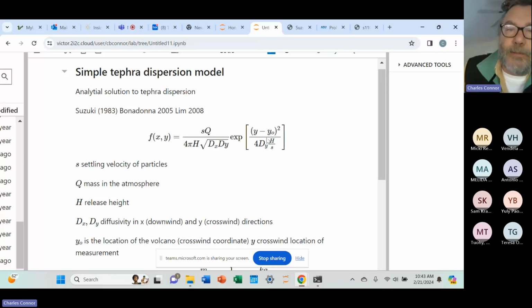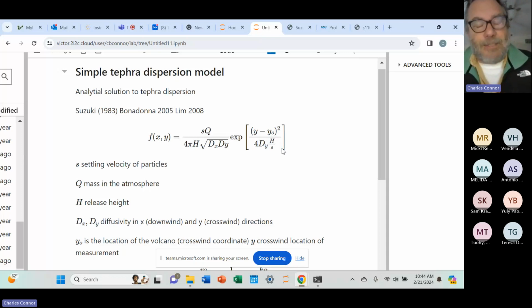All these terms, dy, h, and s, that group of terms, is sometimes lumped together as a sigma, and sometimes people refer to it as sigma squared because it's in square meters, right? It's sort of like the standard deviation of the Gaussian distribution, which is in meters, so the variance is in square meters.